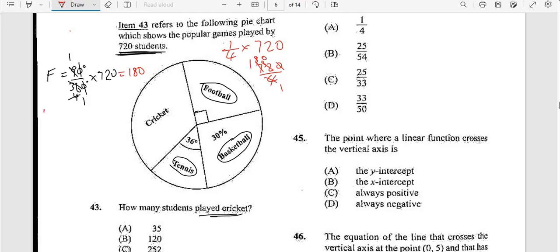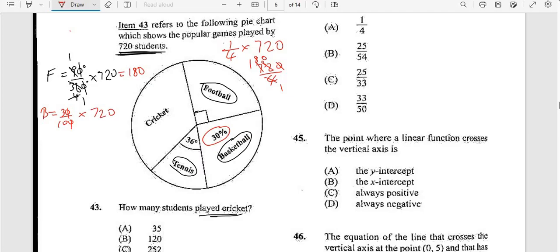For basketball, it's 30% of the entire pie chart. So it's 30 over 100, 30 of a whole. Since we're dealing with a different unit here, we're not looking at degrees, we're looking at percentage. So 30 over 100. Basketball represents 30% of the entire pie chart. So 30 over 100 of the 720.